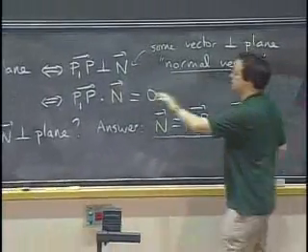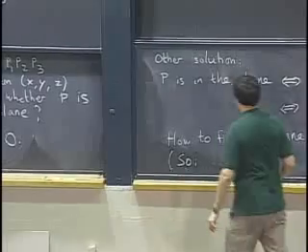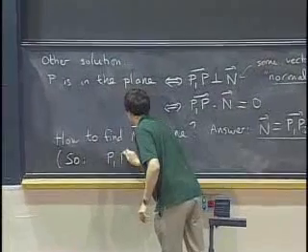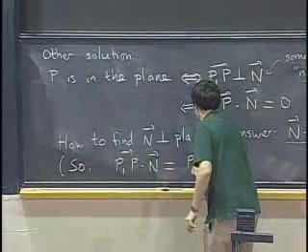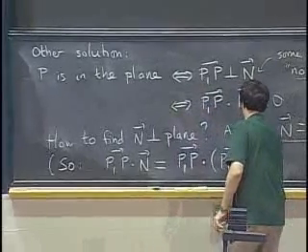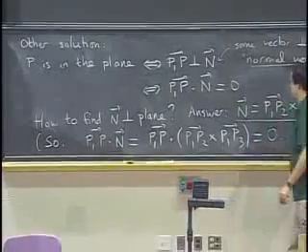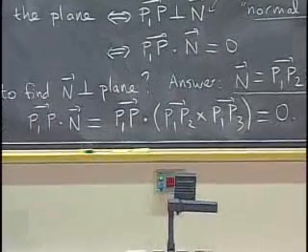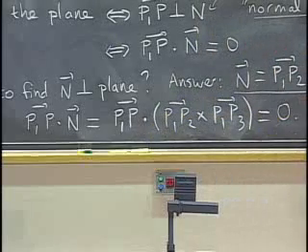Now, why is that the same as the answer over there? Well, the condition that we have is that P1P dot n should be 0. And we said n is P1P2 cross P1P3. So this is what we want to be 0. Now, if you remember stuff from a long time ago, that was Friday, we introduced this thing and called it the triple product.